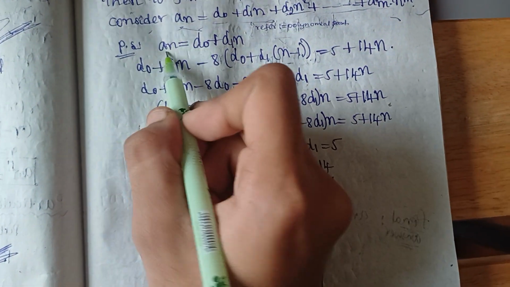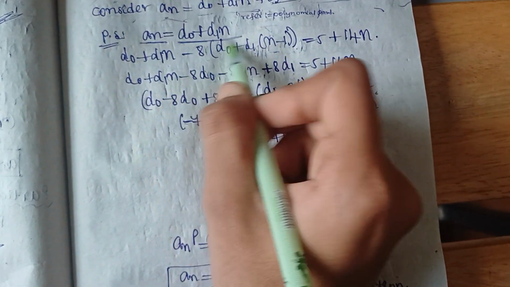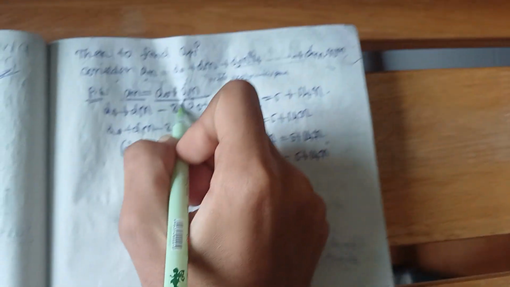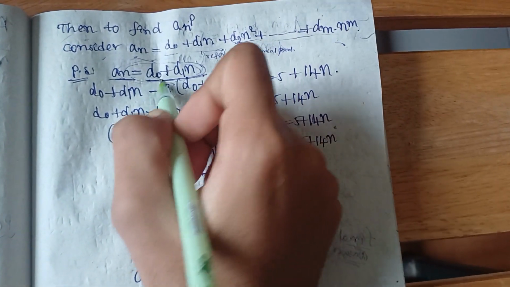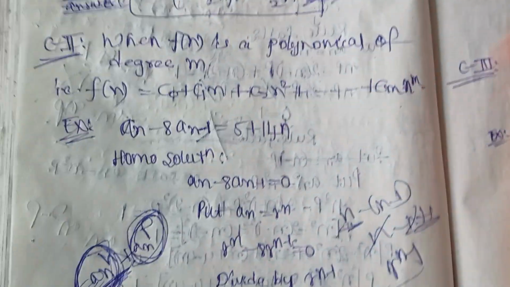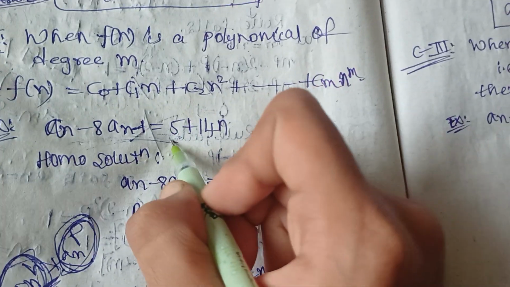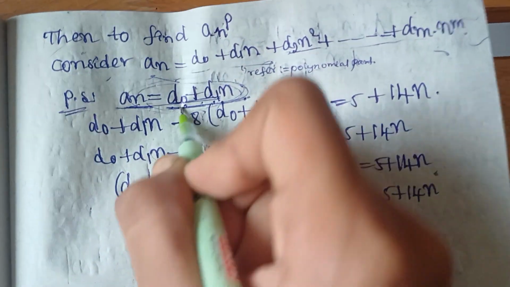So for this particular solution, now your an is equal to d naught plus d1 into n. See how here you may get a doubt, why we are considering only an equal to d naught plus d1 into n. Here we have got 5 plus 14n. So here you should consider only till two terms, that is d naught, which is nothing but your constant term.